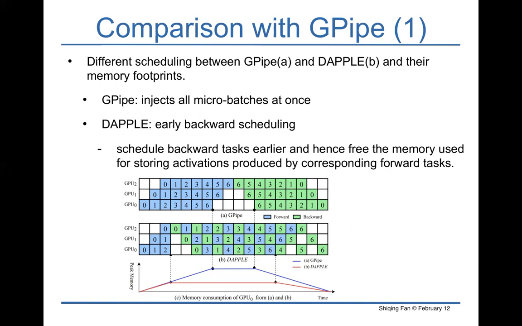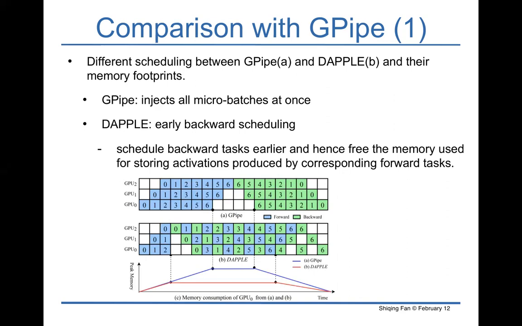The activations produced by forward tasks have to be kept for all microbatches until the corresponding backward tasks start. This leads to the memory demand being proportional to the number of concurrently scheduled microbatches. GPipe adopts recomputation to save memory, while bringing approximately 20% extra computation overhead.